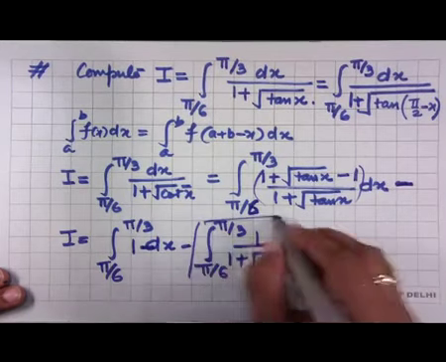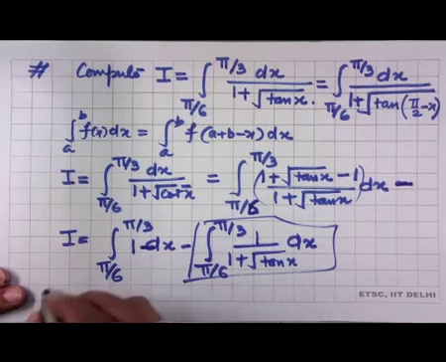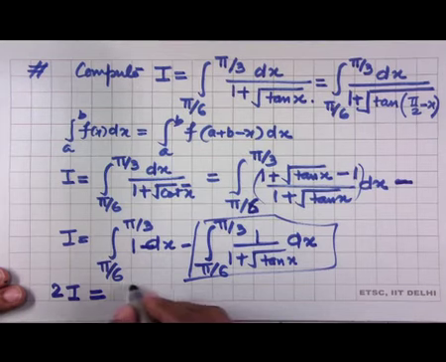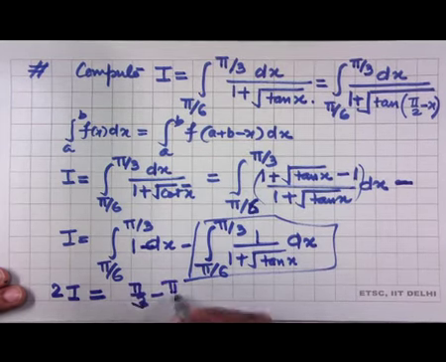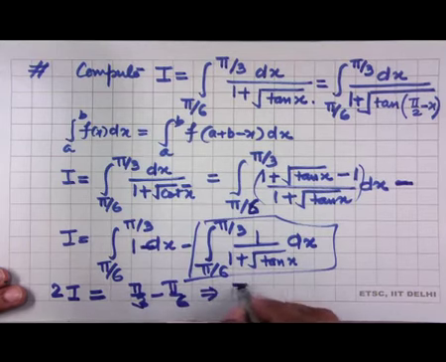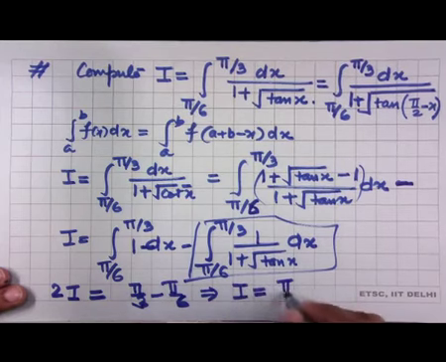This is again I. So you get 2I equals to the value of this integral, which is pi by 3 minus pi by 6. So therefore I is pi by 12.